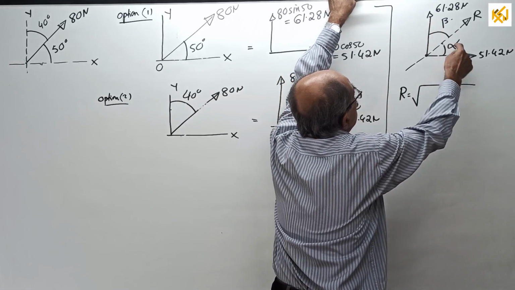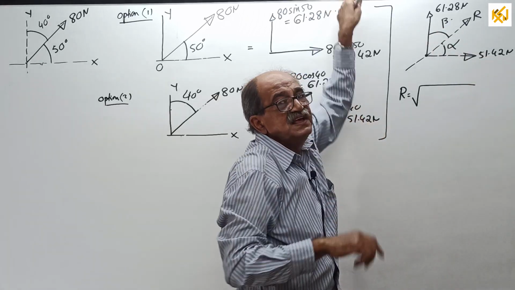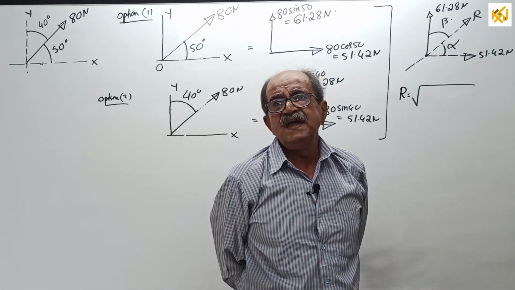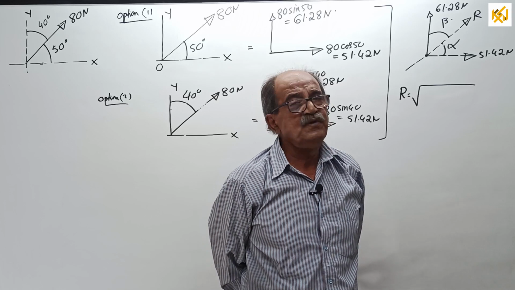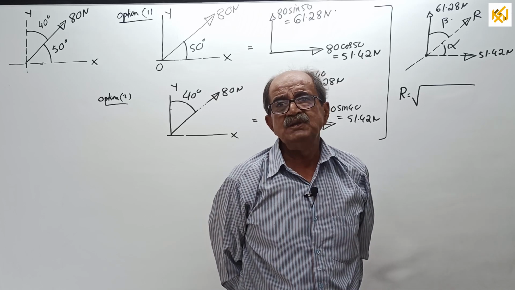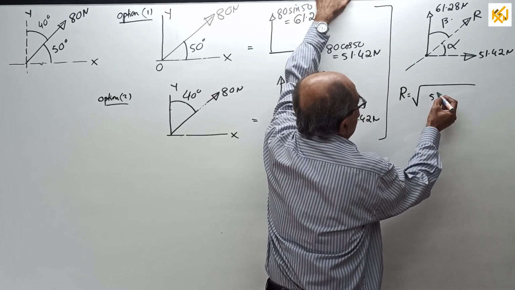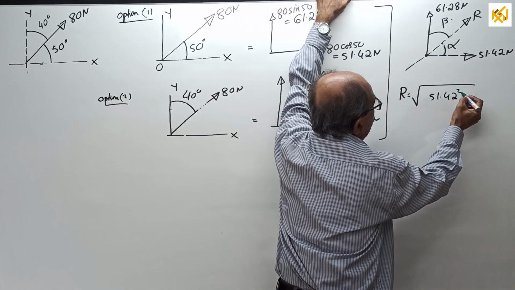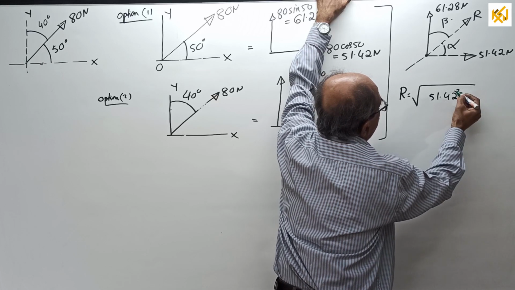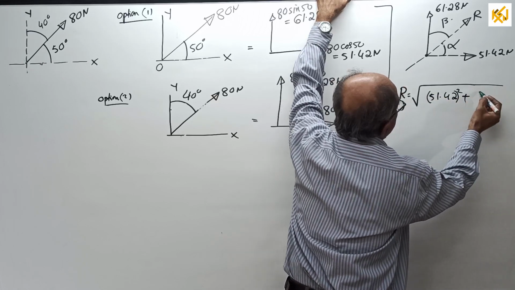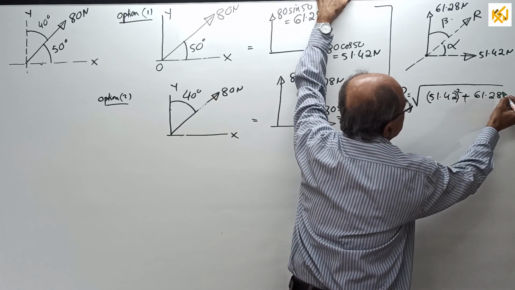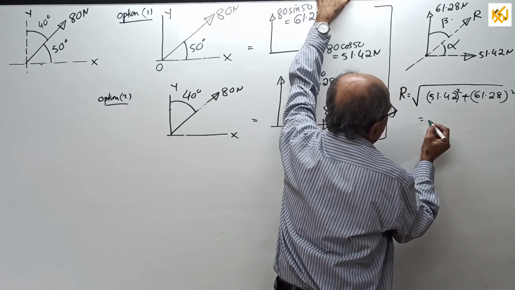Here, between the two forces, the angle is 90 degrees. When it is 90 degrees, cos 90 equals 0. Therefore, it finally becomes root of P1 square plus P2 square only. Therefore, root of how much? 51.42 square plus, I can put a bracket here, plus the other one 61.28 square. You have to calculate the resultant.